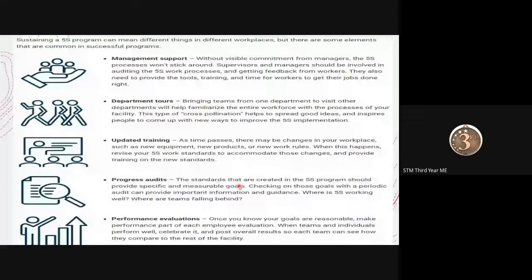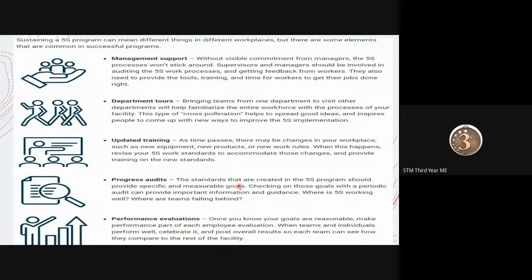So these are all goals that are being set. These goals ensure the amount of product that has to be completed per day, and according to that the standards are created.